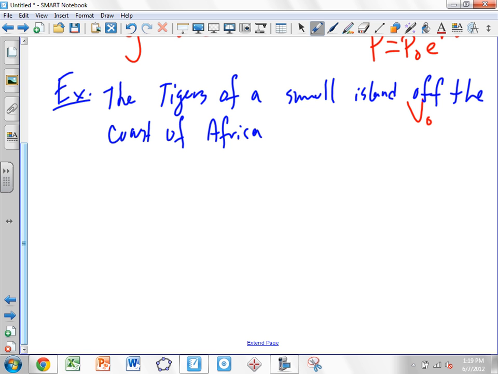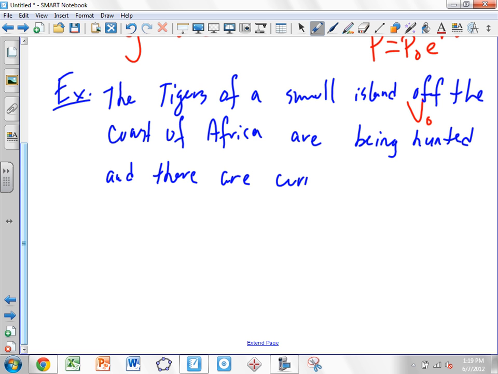Off the coast of Africa, on a small island, are being hunted, and there are currently 2,000 left.